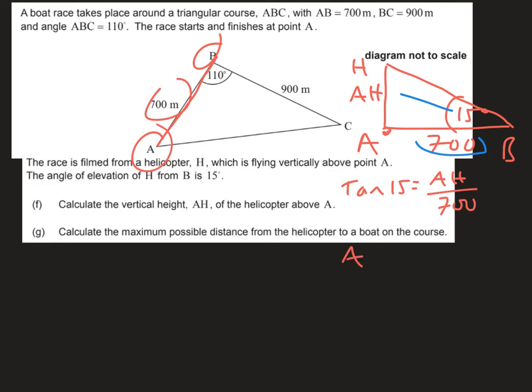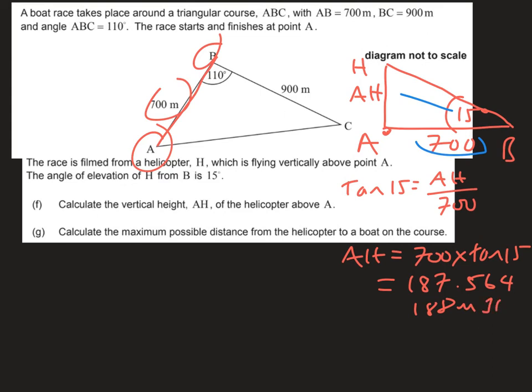So therefore, AH is going to be 700 times tan 15, which is going to give us an answer of 187.564, or 188 meters to 3 significant figures.